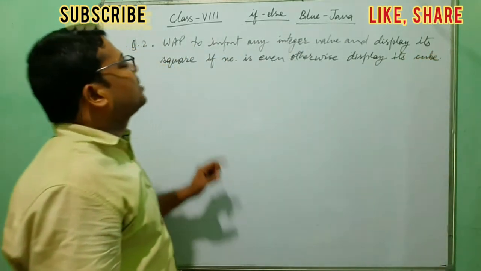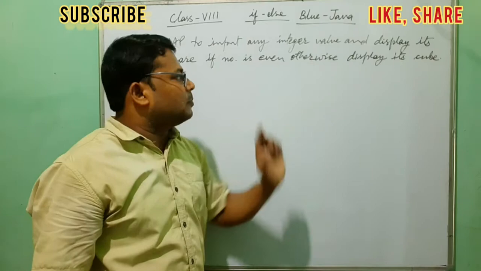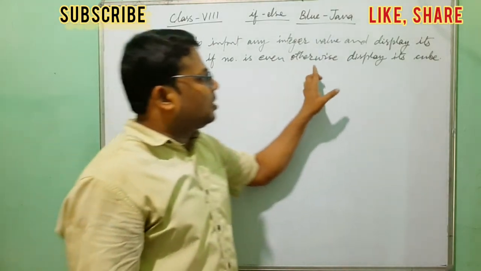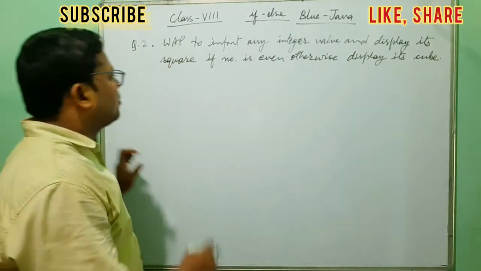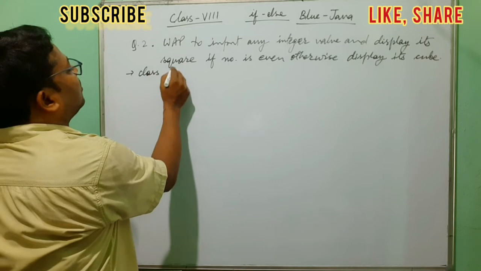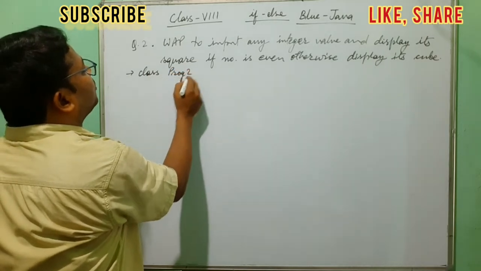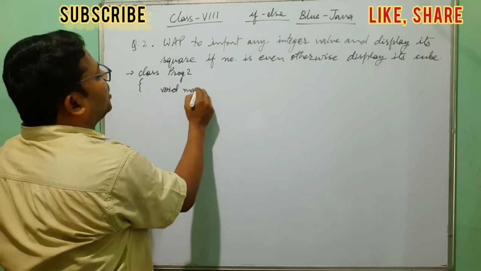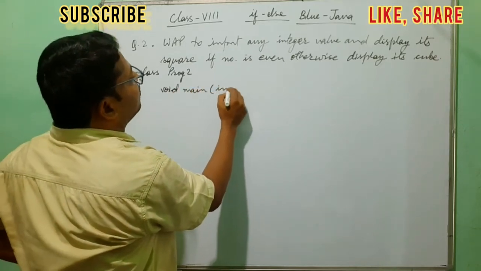That is clear: one number you will take as input. If it is even, then display its square, otherwise display its cube. So how will we write that program? Like the same, class Program2, void main. Here you will take one number as input.